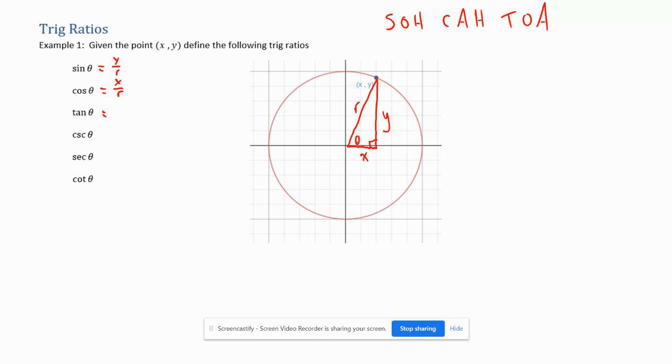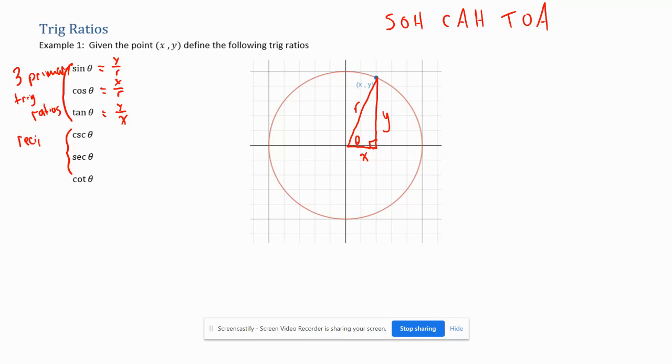And then tan is going to be opposite over adjacent, which is y over x. Those are what we call the three primary trig ratios.